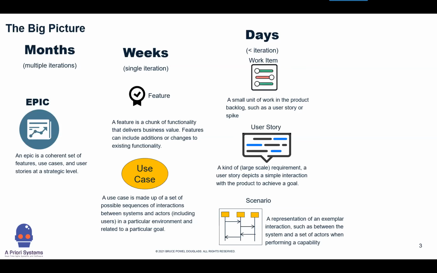The user story is around a single interaction, normally thought of with one actor, but it could be multiple actors with respect to the system to achieve some usage goal. Of the same size and scope is what we call a scenario. A scenario represents, again, a single interaction, typically with multiple actors, and the use case coordinates the interactions to achieve the goals of using the system.